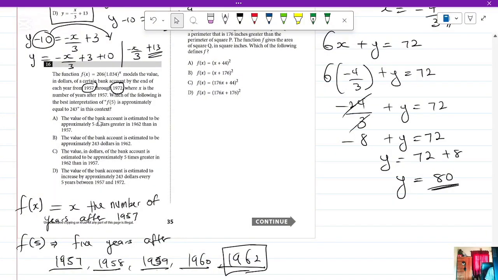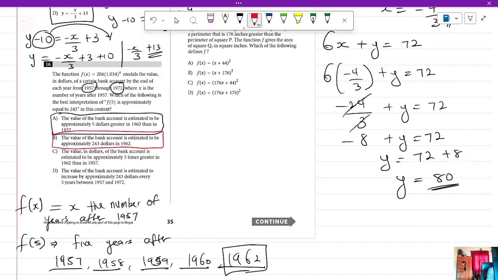Now let's go and look at the options. They said the value of the bank account is estimated to be approximately $5 greater in 1962 than in 1957. Well, we are not going to stress ourselves on this one, but let's still ring it. It is something that we can work up later. The value of the bank account is estimated to be approximately $243 in 1962. This is really making sense.